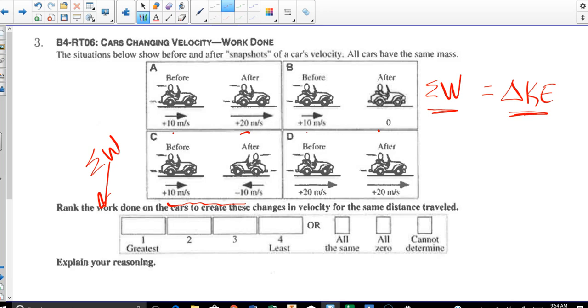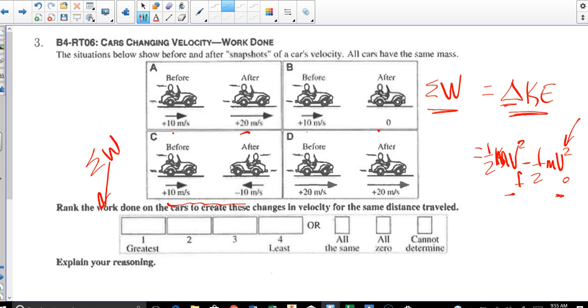You have to be careful, because kinetic energy, remember, is 1/2 mv final squared minus 1/2 mv initial squared. First of all, change is final minus initial. The thing you have to be careful of is the squared. When you have squares, it's worth it to do the calculations off to the side just to make sure.